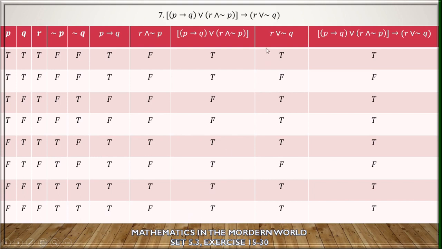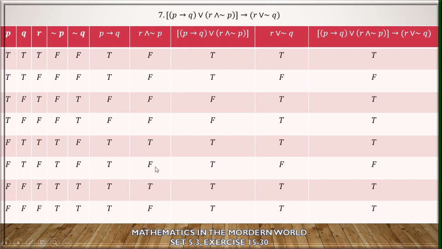Next is the disjunction of R and not Q. R or not Q: true, false is true. False, false is false. True, true is true. False, true is true. True, false is true. False, false is false now. True, true is true. False, true is true.